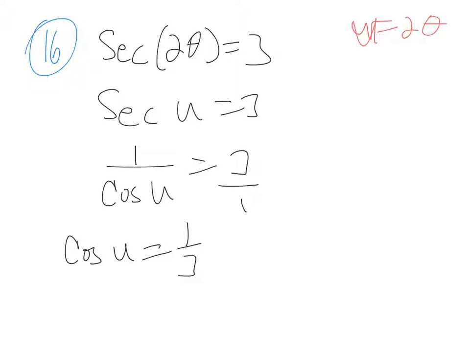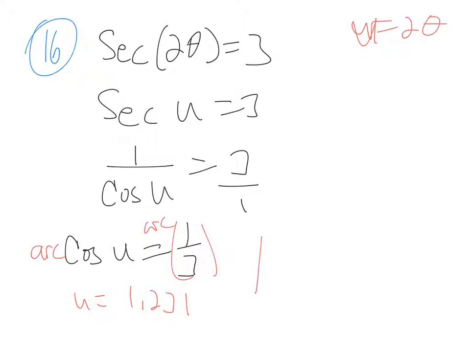So I'm going to use my calculator and take the arc cosine of both sides of this equation. And my calculator tells me that u equals 1.231 if I do some rounding.